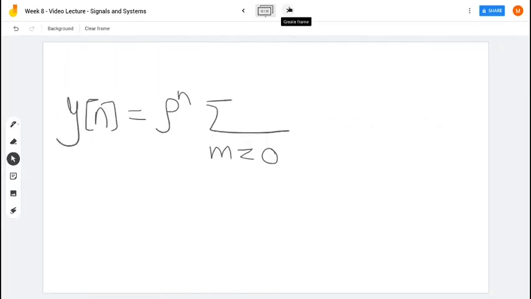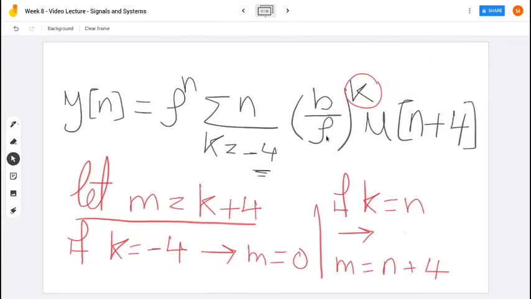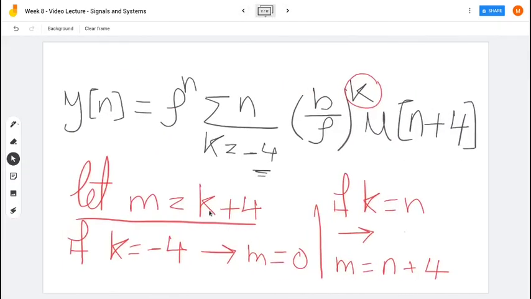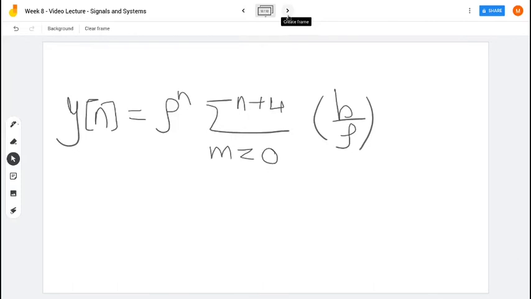So now it will be from m equal to 0 to n plus 4. As for the term inside, it was b over rho to the power k. Now it will be b over rho to the power m minus 4, with k replaced by m minus 4, times u of n plus 4.